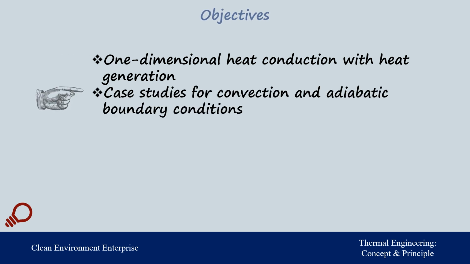We will apply the fundamental boundary conditions for convection and adiabatic on the wall sides to find the temperature distribution in the plane wall. And then, as usual, we will arrive at the closure for the present episode.